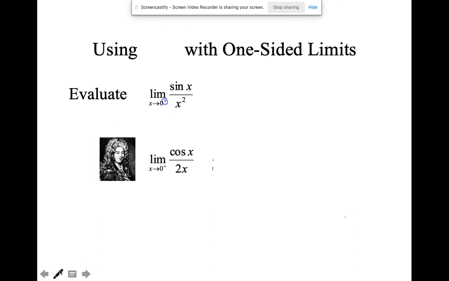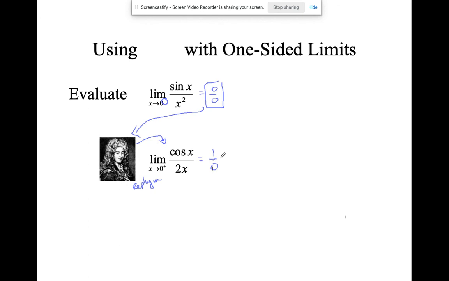Is this indeterminate? After Guillaume, 0 over 0 means bring Guillaume. After you Guillaume, you replug in. And what do you get there? Don't you get 1 over 0?